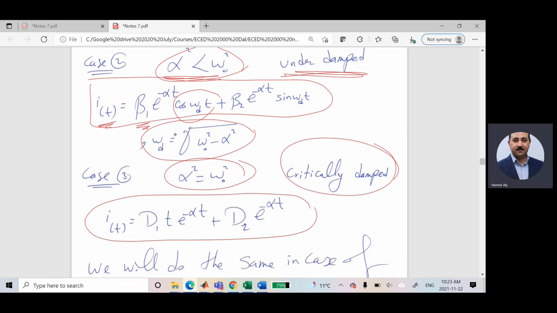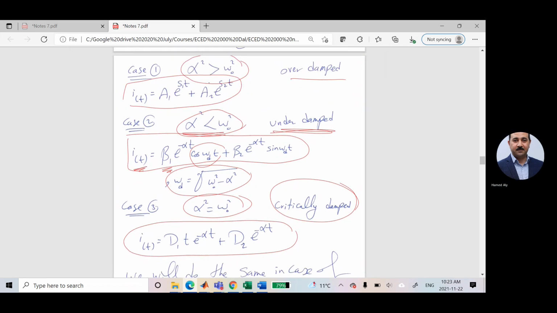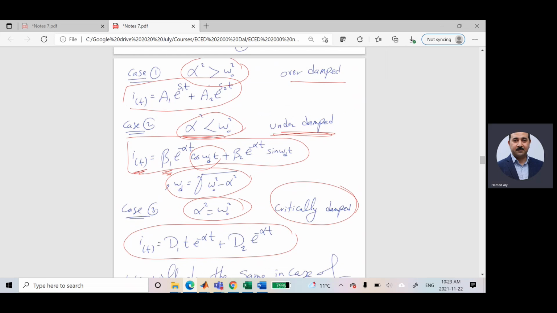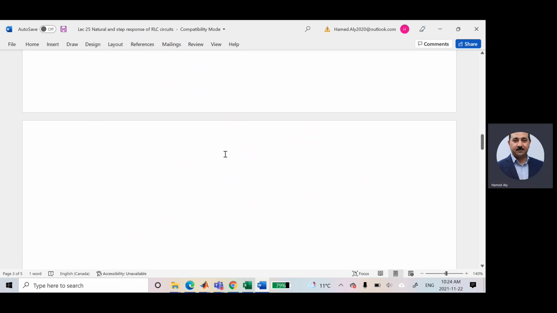And omega d is equal to the square root of omega naught squared minus alpha squared. And case 3, I can copy those instead of writing them again, because it seems it didn't save them.